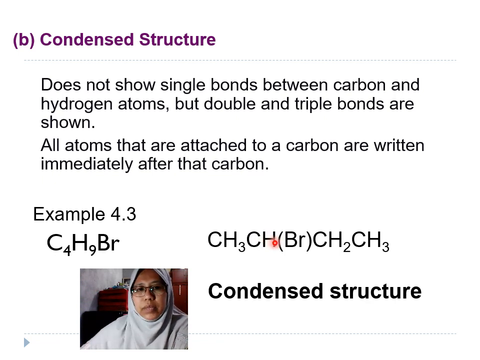So this is called 2-bromobutane. All atoms attached to a carbon are written immediately after that carbon. So for the first carbon, H3 is written after it. For the second carbon, H and bromine are written after it, and so on. So this is what we call condensed structure.